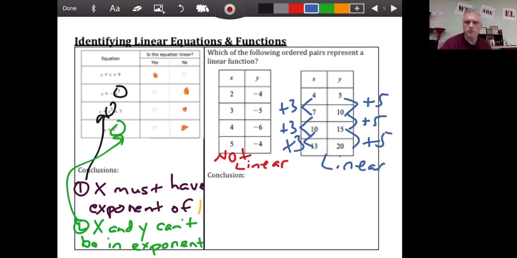If you remember in Algebra 1, we looked at the change in y, y2 minus y1, over the change in x, x2 minus x1. That was slope, okay? So if the slope is consistent, in this case, it would be a 5/3 slope. Then consistent slope means you're gonna have a linear graph. Okay, so this is linear.